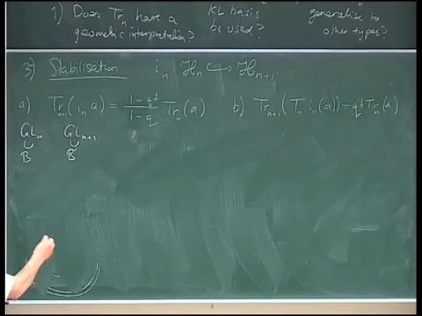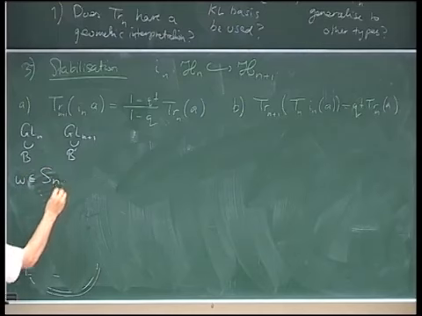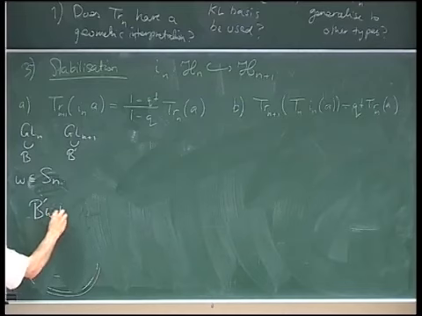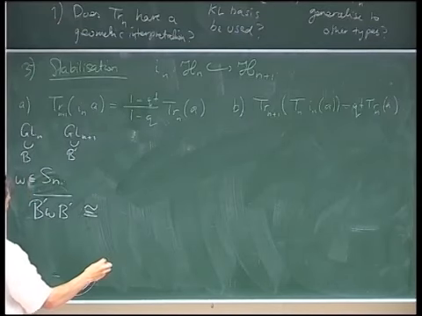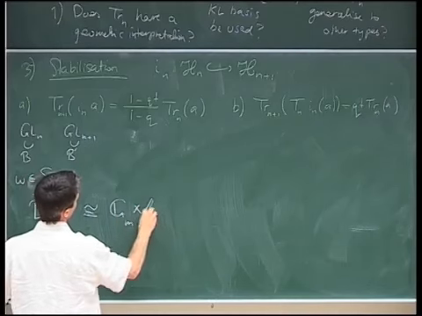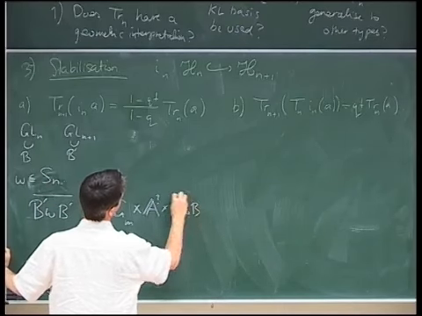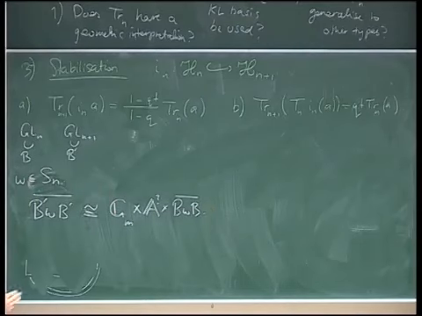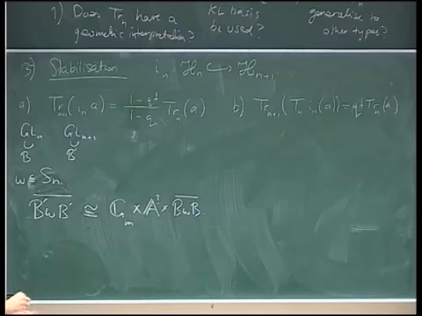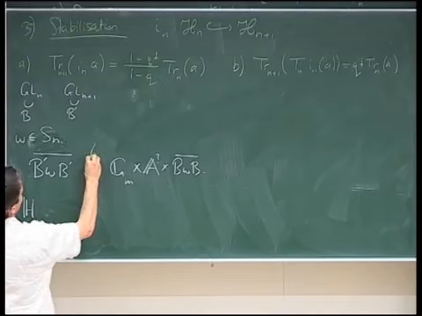And what one can show, and it's not very difficult, is that if we have w in S_n, then this orbit closure is isomorphic to a multiplicative group times an affine space times BwB. And this is an equivariant isomorphism.